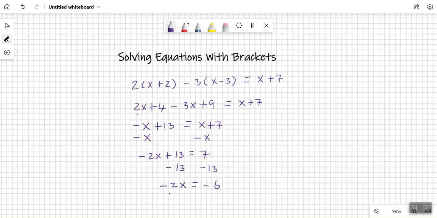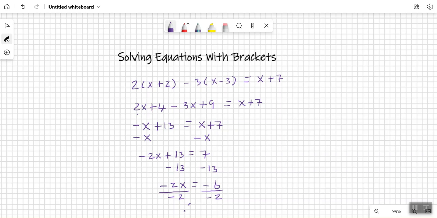And then the last step: I have this minus 2 in front of the x. What I need to do is end up with a positive value for x. You never want to end up with a negative value for x. So I can divide both sides by -2. If I divide this side by -2 and I divide the other side by -2, then -2 divided by -2, they're like signs, so the answer is going to be positive.